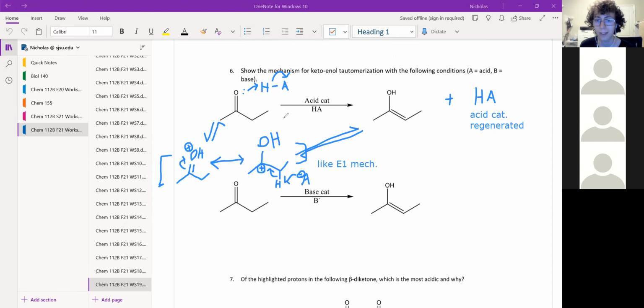So in the event he asks about this mechanism, this is how you do it. I'm going to have to erase the screen to make room for the next one. So if there's any questions about this, feel free to ask.